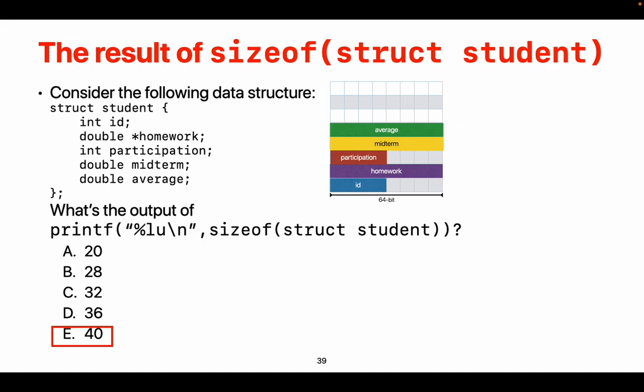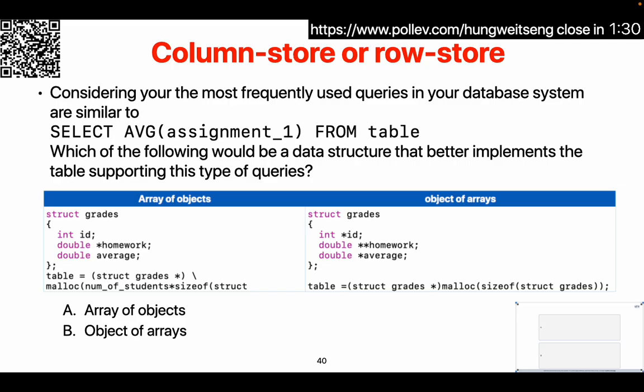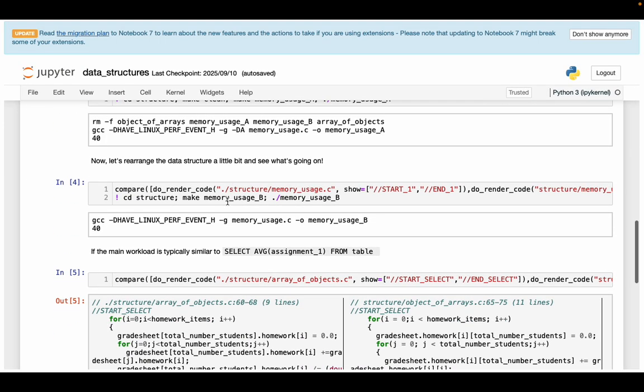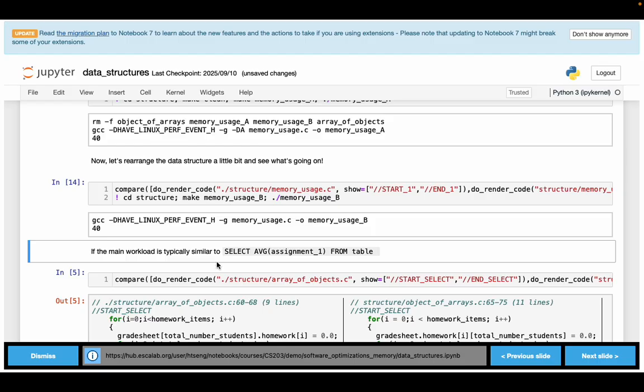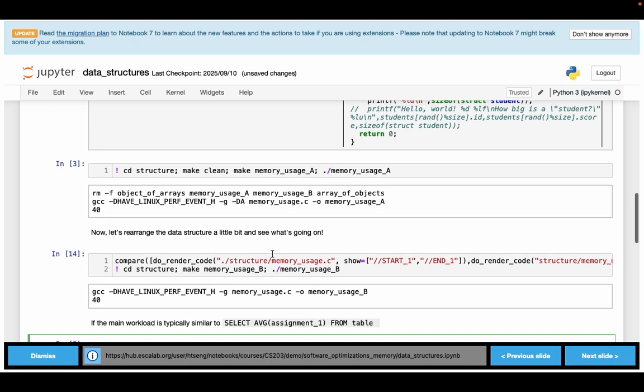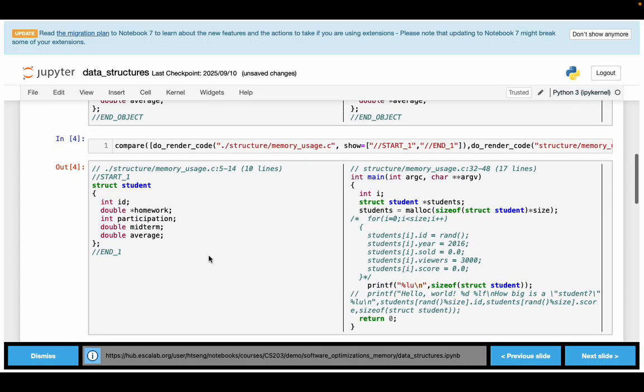So if we run a demo again with another version that I wrote, memory usage A, memory usage B. If I modify the data structure to reorder the ID and the partition, then I would be able to get 32 instead of 40. So again, data layout affects the total capacity of your structure.